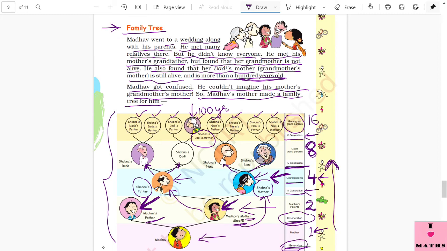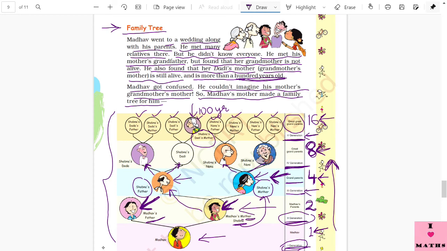In the fourth generation, there are 8 people. 4 multiplied by 2 is 8. In the fifth generation, there are 16 people. 8 multiplied by 2 is 16. So this is how the number of people in the family tree are increasing generation by generation.